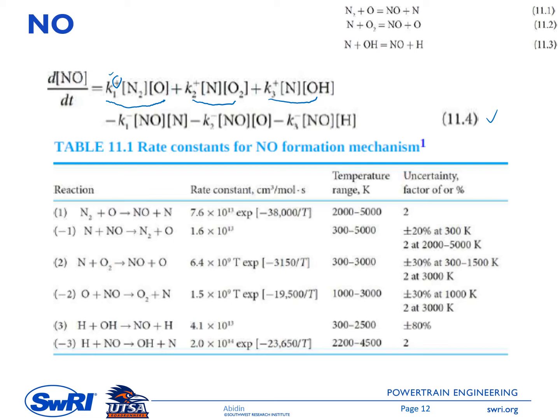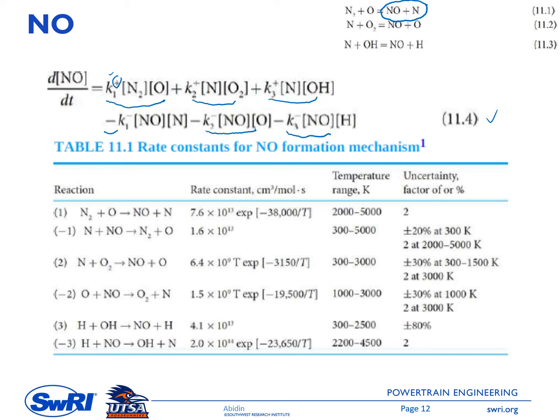And then it is subtracted by the reverse reaction, because if you have a reverse reaction, for example from equation 11.1, you will have a consumption of NO. So NO will reduce. Therefore, we have a negative sign here. Similarly, this is from the reverse reaction of the second reaction. This is the reverse reaction of the third reaction.